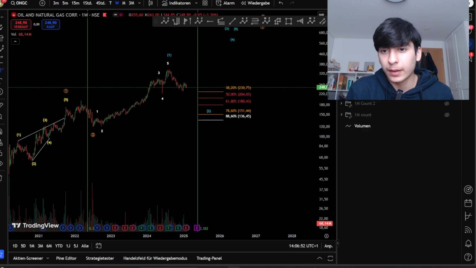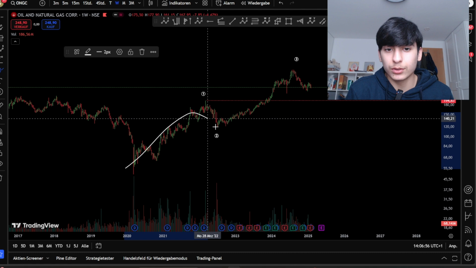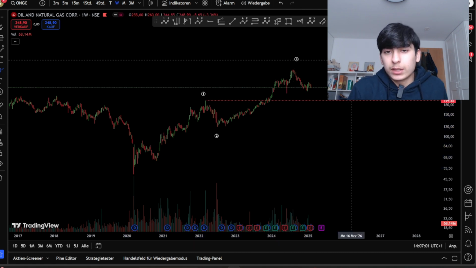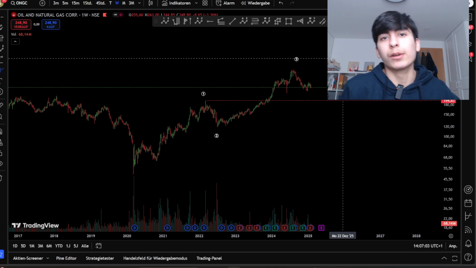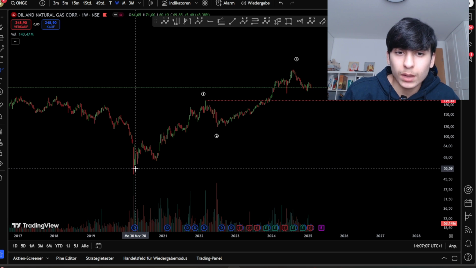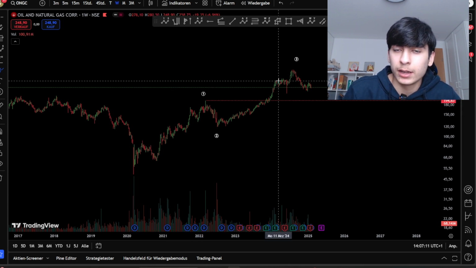Now, another scenario is simply counting this as a wave 1, 2, 3, 4, 5. I would already say this is the lowest probability scenario, and a scenario I will not be sticking to right now. Simply because wave 1 is longer than wave 3.